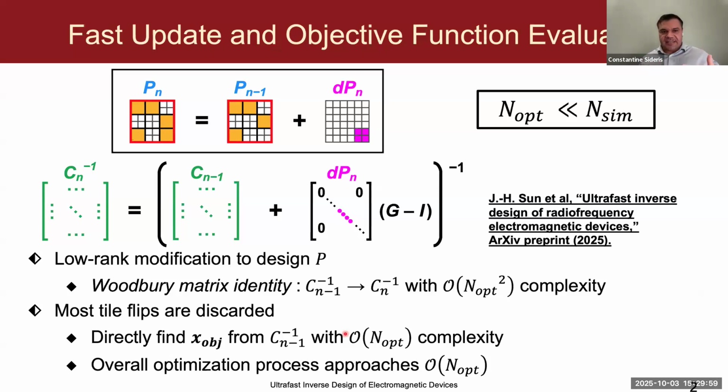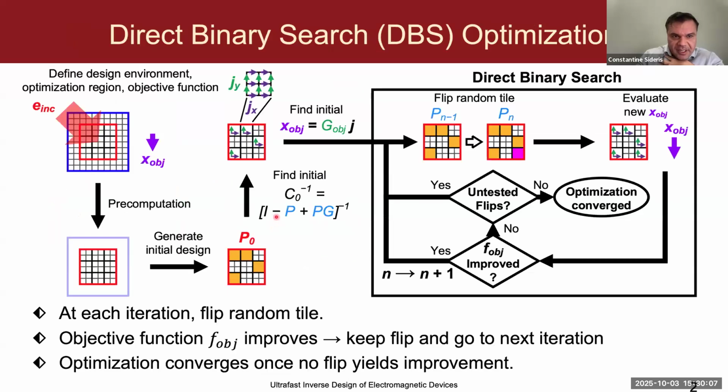Since the update is sparse, we can actually store the inverse of this matrix that I have here, the I minus P plus PG, where again, P is the diagonal matrix that corresponds to where you have metals in your domain. And so we have the inverse of this matrix, which is what we need to compute at the beginning. If we were changing every parameter, so that we completely changed P, we would have to invert C naught again to compute the objective function again.